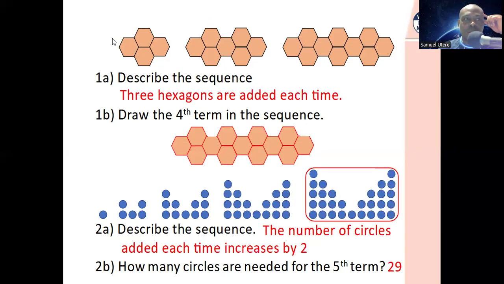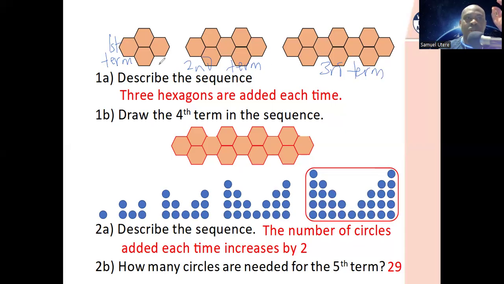So this is the first term. That's the second term. We always start counting from the left, and that's the third term. So for the fourth term, remember the skill we learned in our very first lesson. It's good to count the first two or three terms of the sequence and write the numbers out.